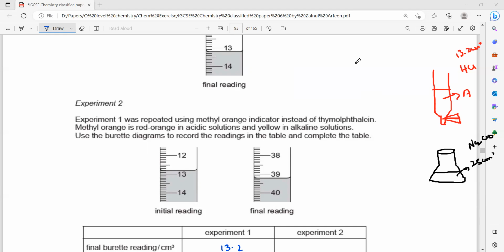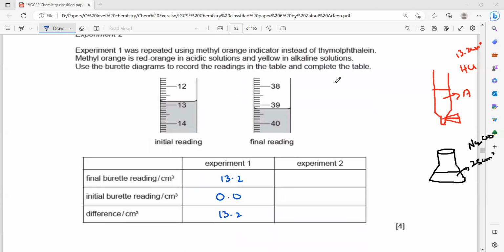So changing the type of indicator can also affect the volume needed. The burette was filled with solution A, this is also solution A of HCl, and the conical flask had 25 cm³ of sodium carbonate, but with a different indicator, methyl orange.